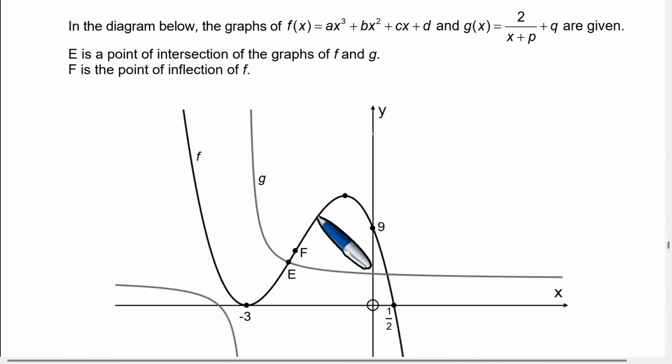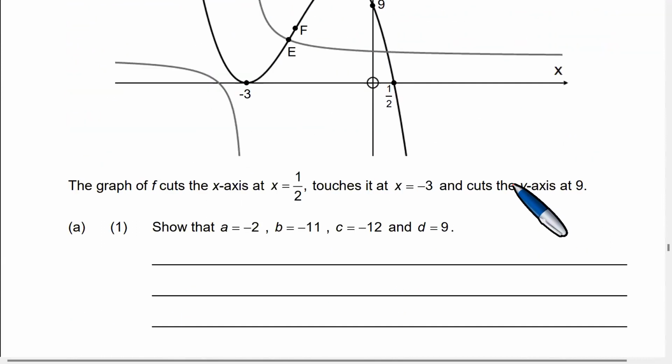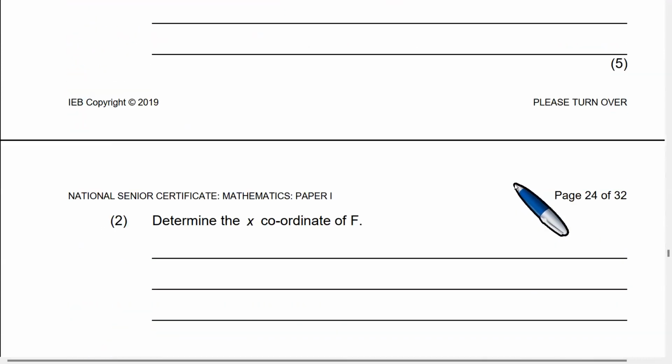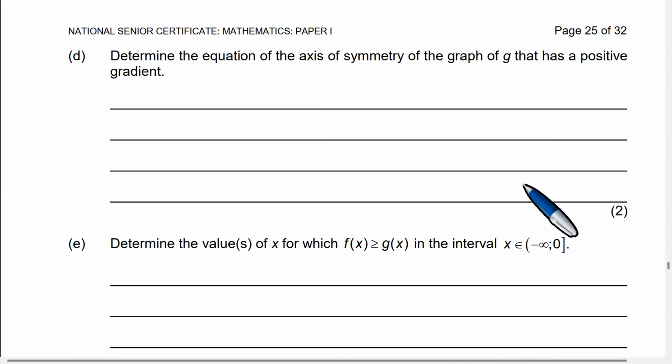All right, here's an interesting question. So you have these kinds of graphs here, with x coordinates. Determine the values of x for which f is above g.